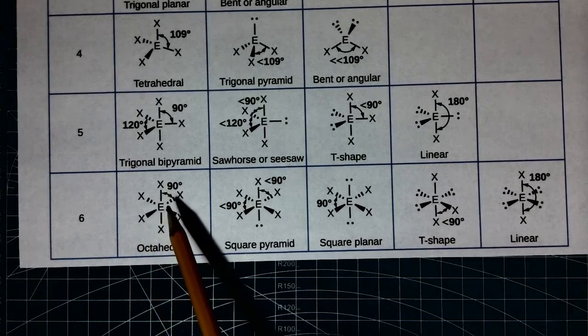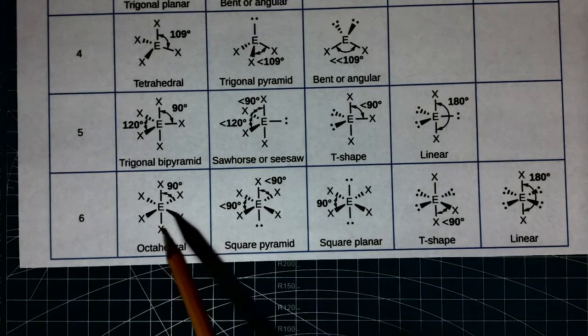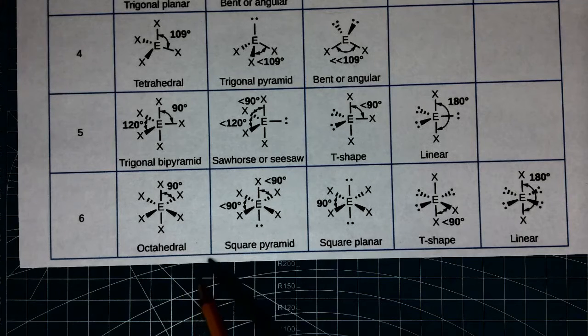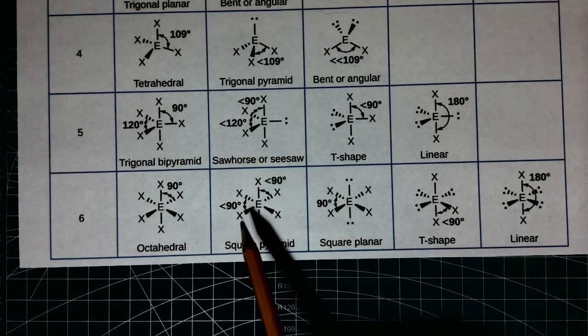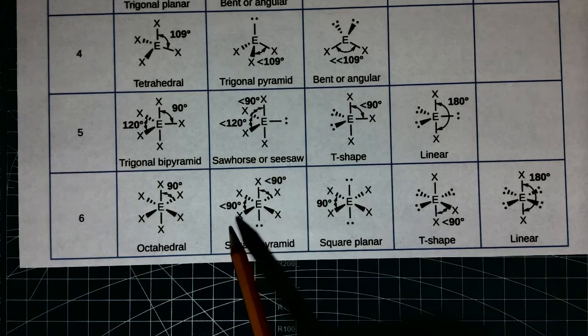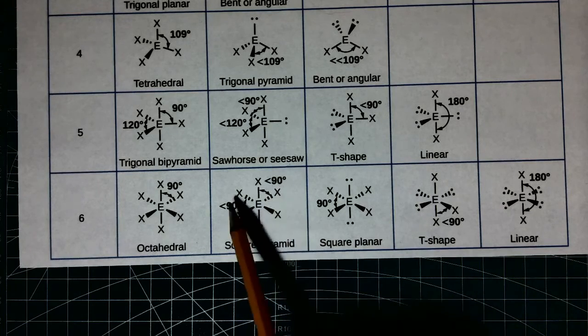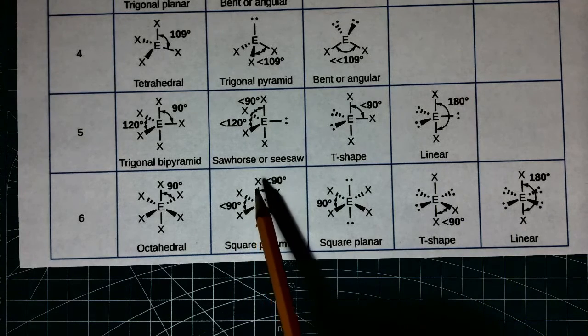When we do the octahedron, again, all of these positions are equivalent to one another, so we don't really need to worry about that. If we put in 1 lone pair, we kind of wind up squeezing everything together, but we wind up with something that looks just like a traditional, like Egyptian pyramid, like a square base with a top on it.